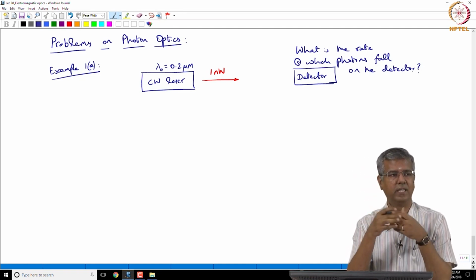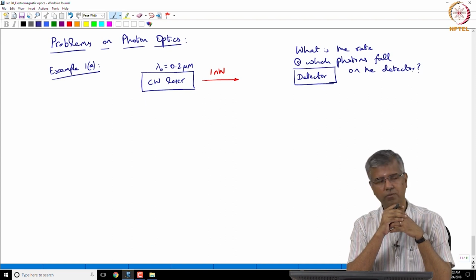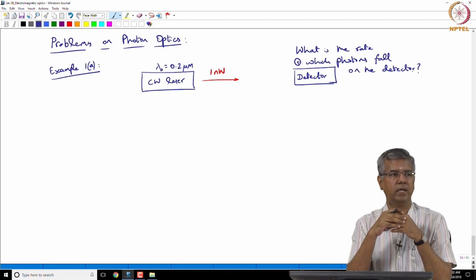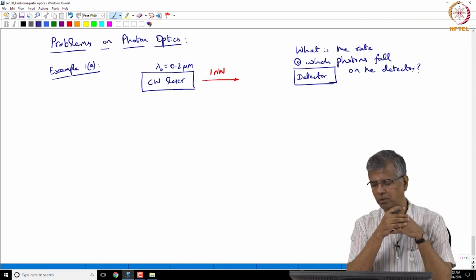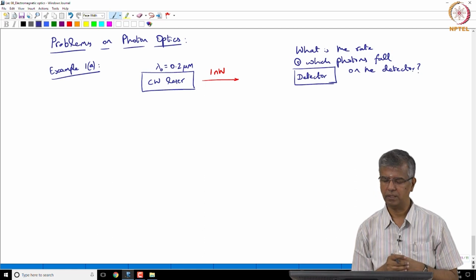What is the rate at which photons are arriving at a particular point? That is what we call photon flux. What is the photon flux density, per unit area? Those are the quantities that we will start looking at.